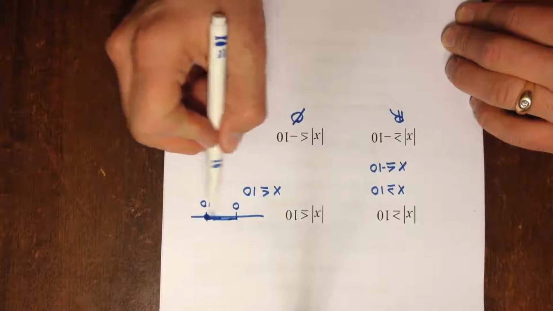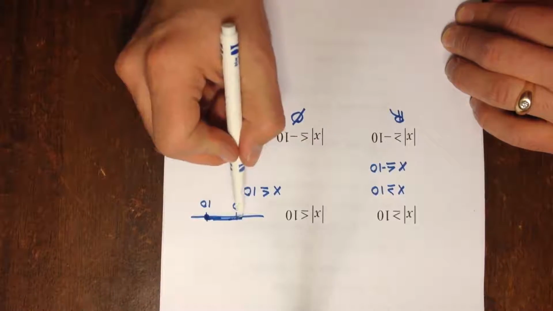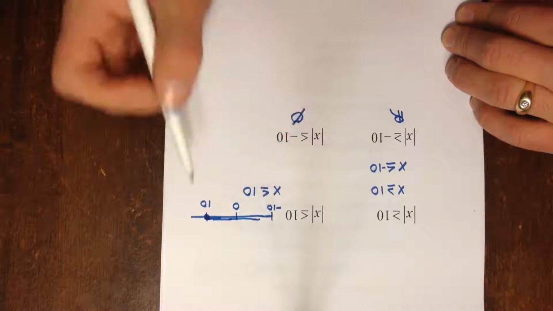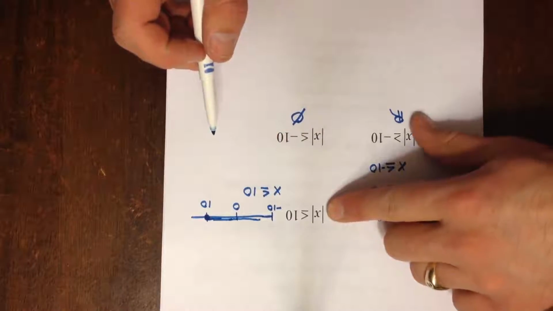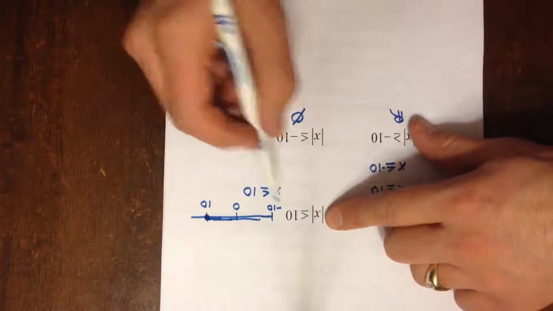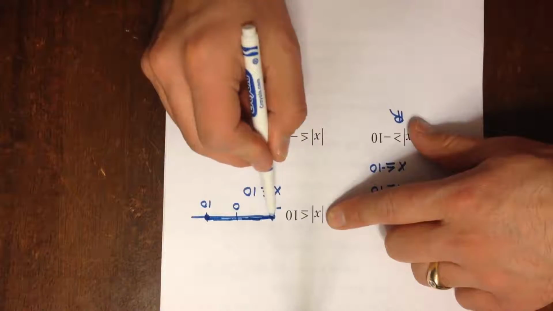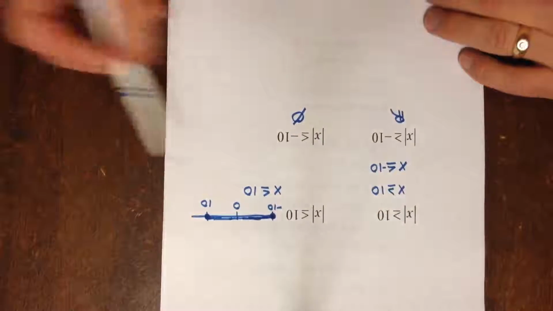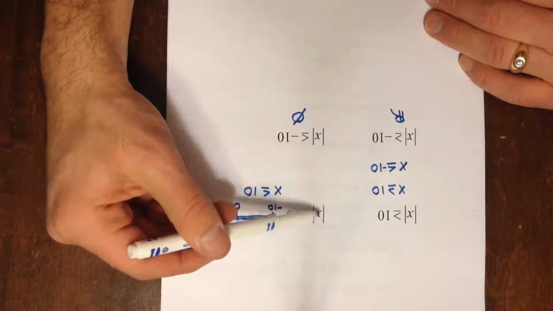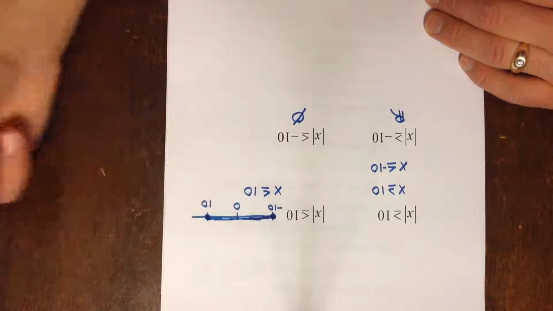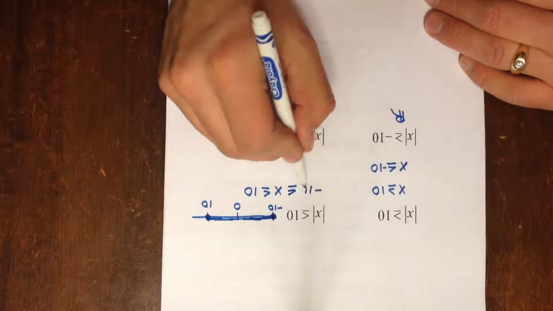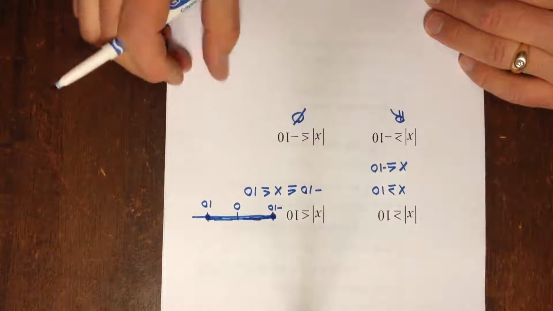Everything between 10 and 0 worked, and it's continuing to work. Where it's going to stop working is at negative 10. The absolute value of negative 10 is 10, and 10 is less than or equal to 10. But after that my answer stops, because if you try negative 15, the absolute value of negative 15 is 15, and 15 is not less than 10. So the solution is in between these two.